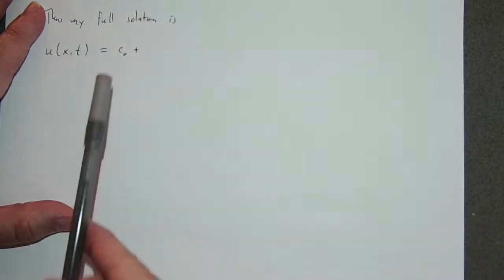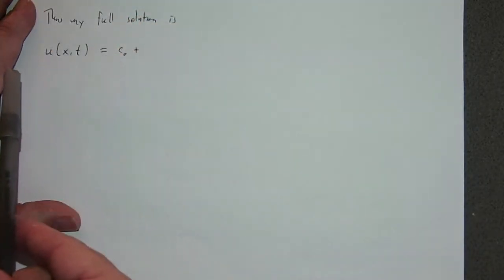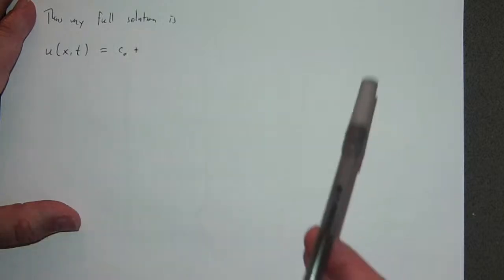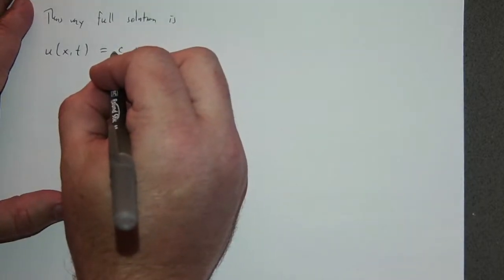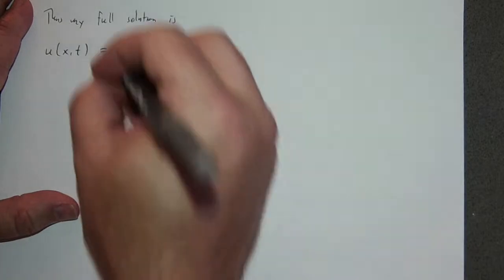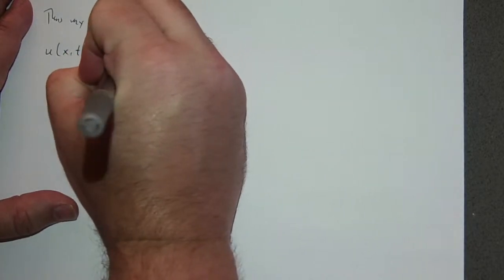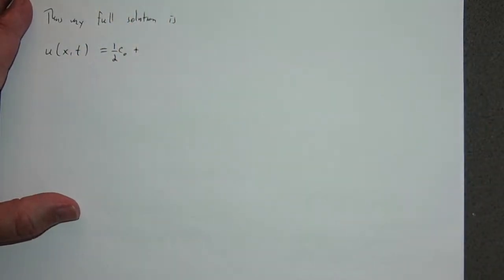I need to make the constant term match up in a single formula, of course. I want to introduce a factor of 1/2 here, like I normally do when I'm dealing with the cosine Fourier series.